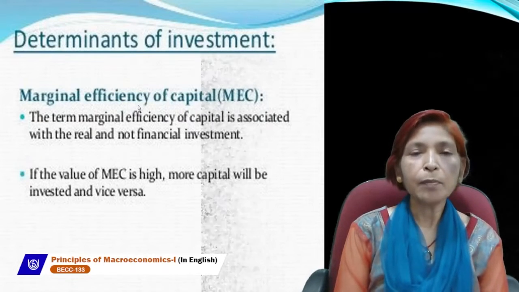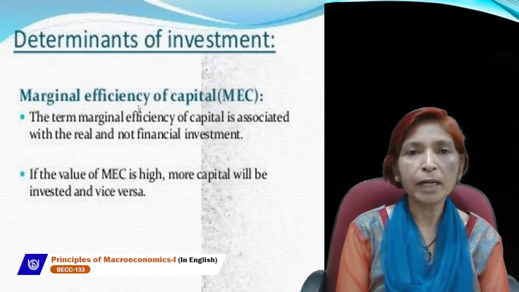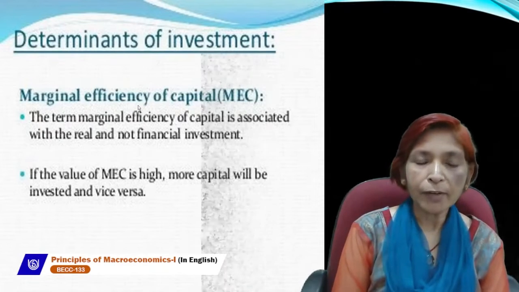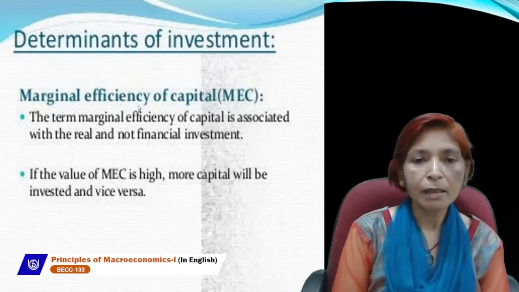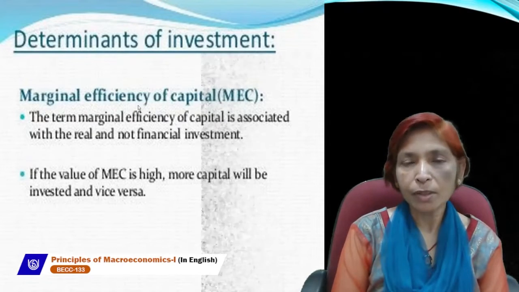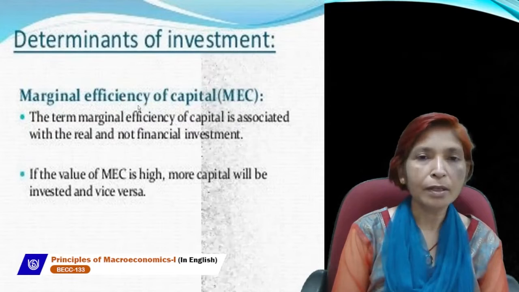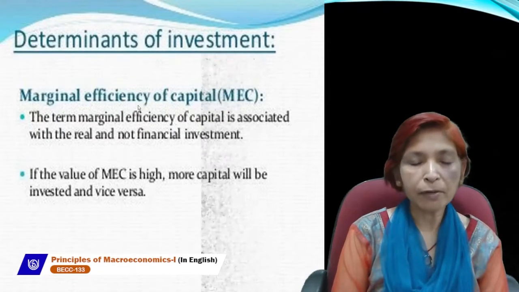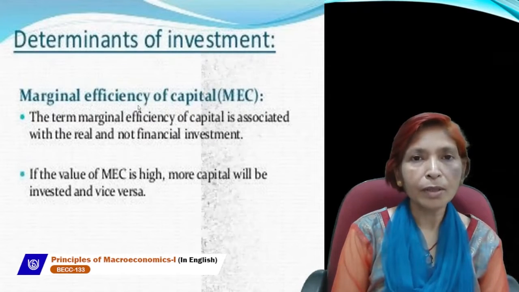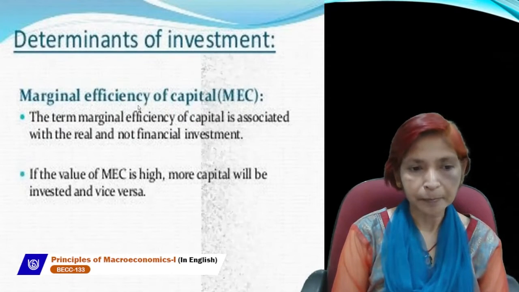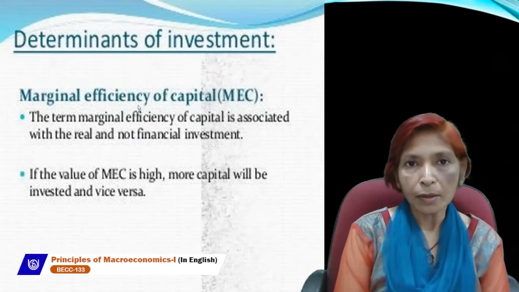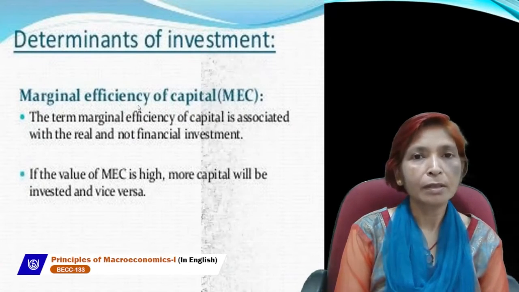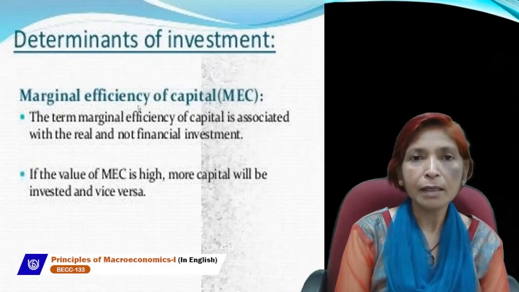The second factor on which investment depends is the rate of interest. If the rate of interest increases, people will save more in banks and invest less. If the rate of interest falls, people will invest more and save less. So our investment depends upon the rate of interest and MEC.